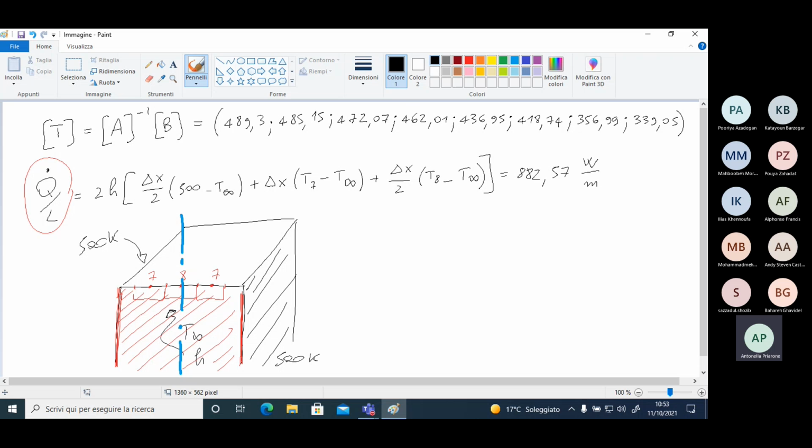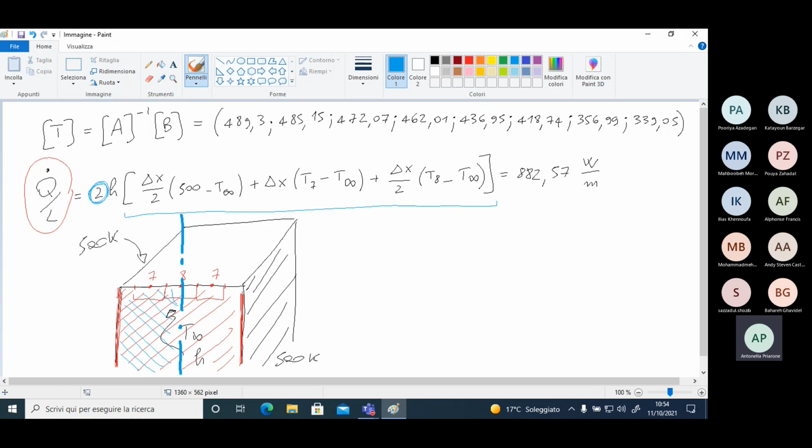So it's for this reason that here I have 2. Because this calculation in this bracket is for 1/2. Then I multiply by 2 to consider also the other half of my plate.